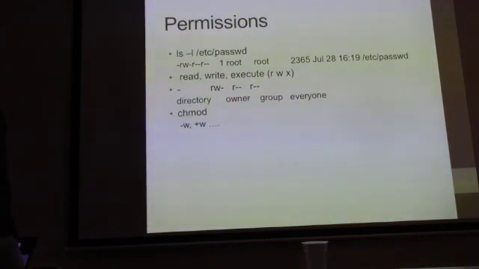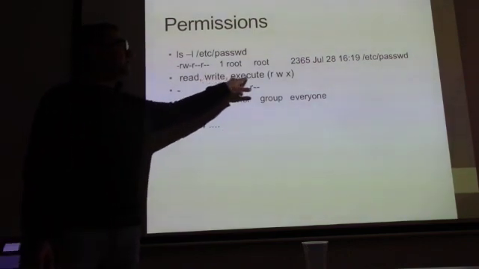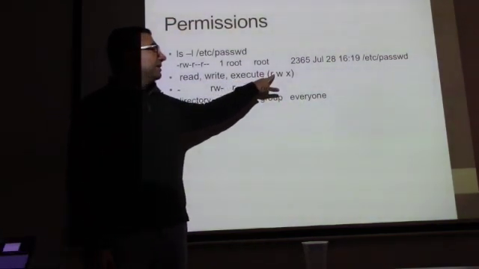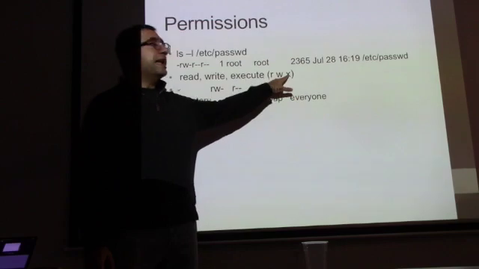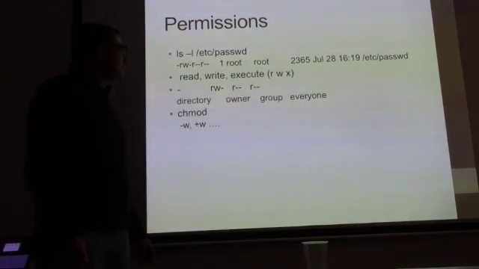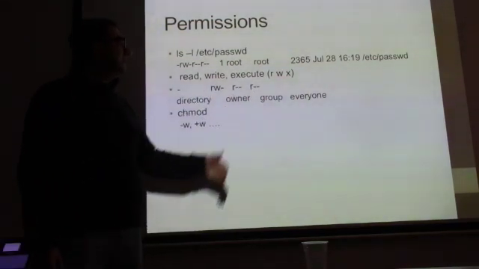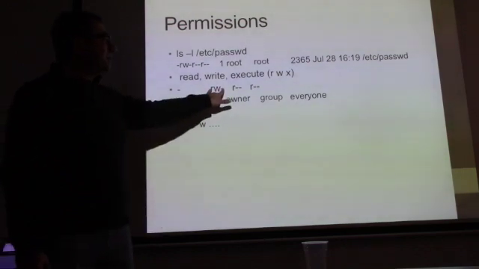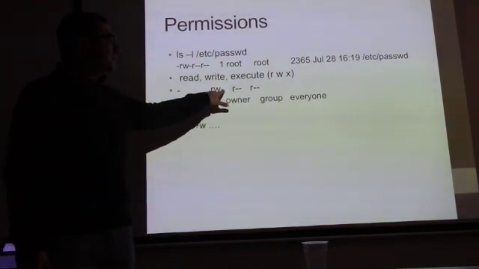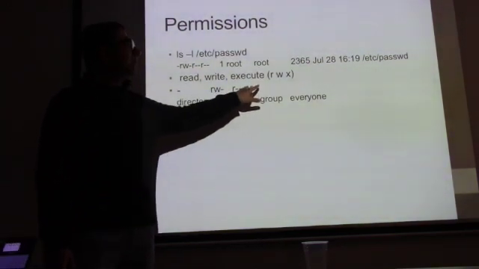Permissions. So usually you have read, write, and execute. They're denoted by the symbols R, W, and X. So for example, in this case, there are 3, RWX here, RWX here, RWX here, possibilities.